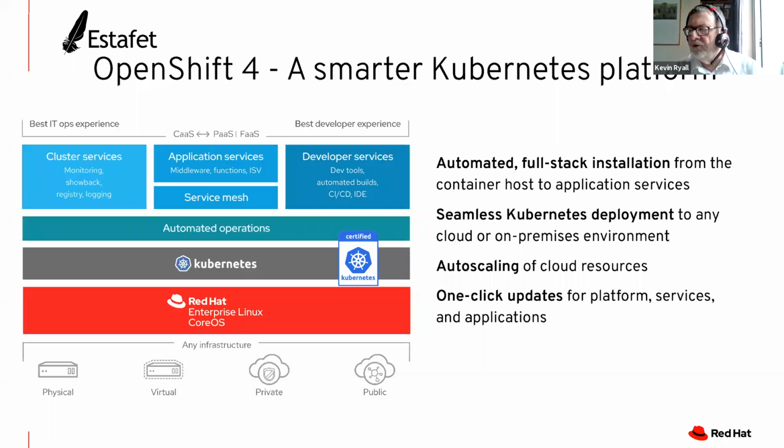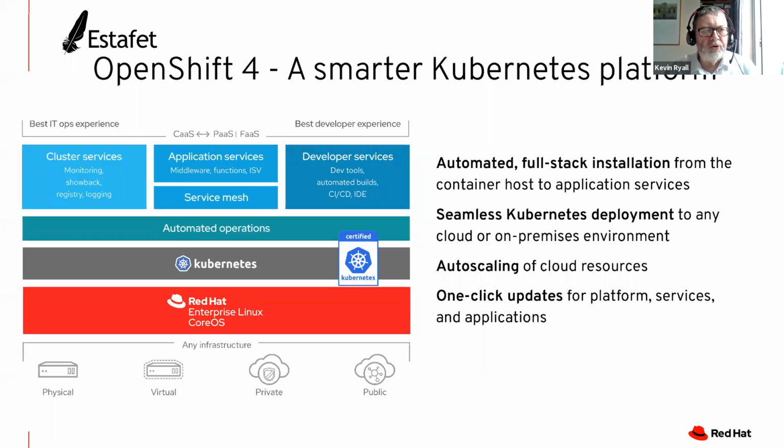And the most recent version of OpenShift, OpenShift 4, which is what we'll be using on these labs, has further enhanced Kubernetes. You can see also that it's based on CoreOS, which is a Red Hat Enterprise Linux offering, a special small footprint version of Linux. And obviously Kubernetes sits above that.